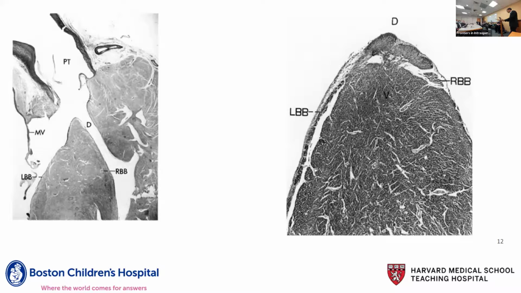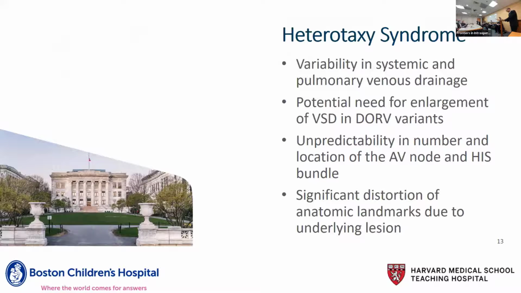How about in heterotaxy syndrome? Obviously, Dr. Sanders had shown a nice summary of these, but as we see intraoperatively, there's significant variability in systemic and pulmonary venous drainage. In certain heterotaxy syndromes with DORV, we potentially need to enlarge the VSD in these patients.